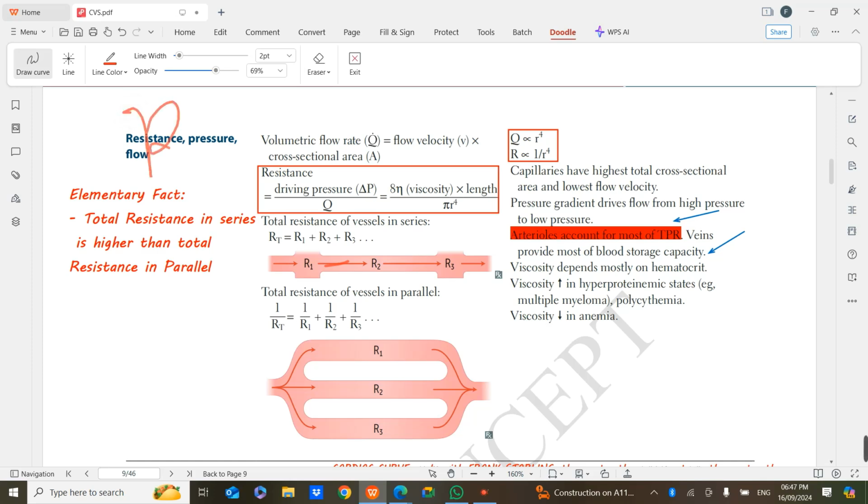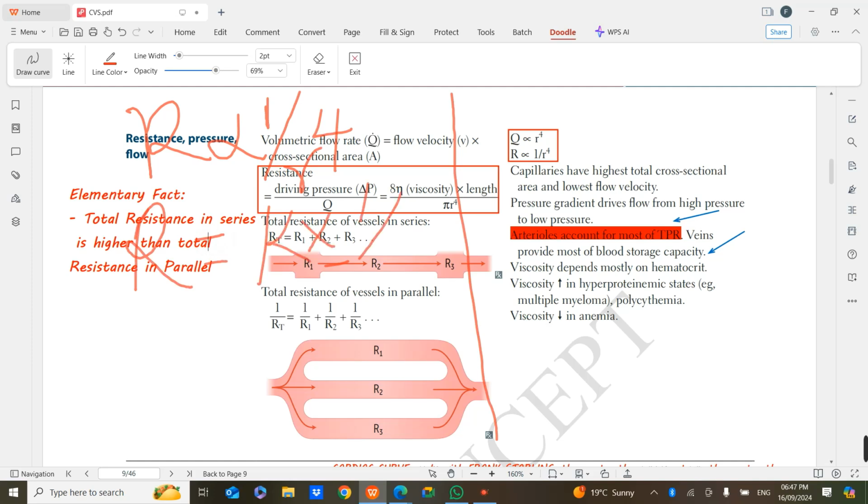So resistance is equal to K multiplied by 1 over R raised to power 4. I will make my constant the subject of the formula: resistance multiplied by radius raised to power 4 is equal to constant.